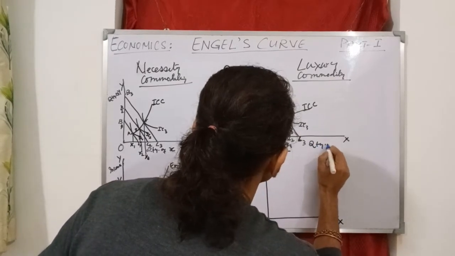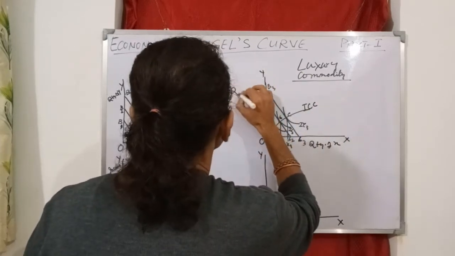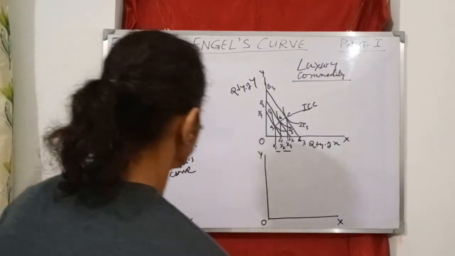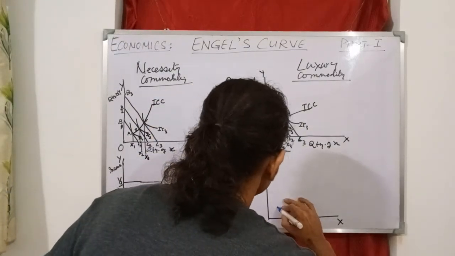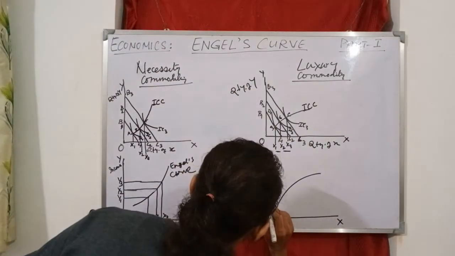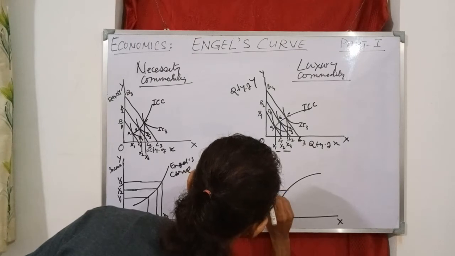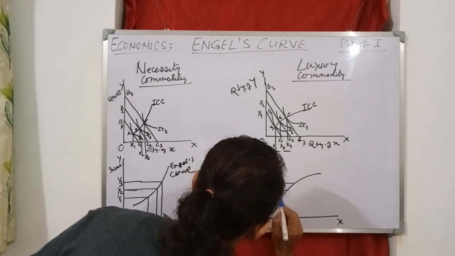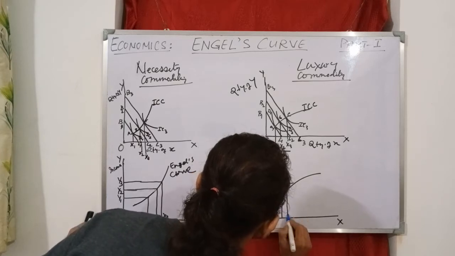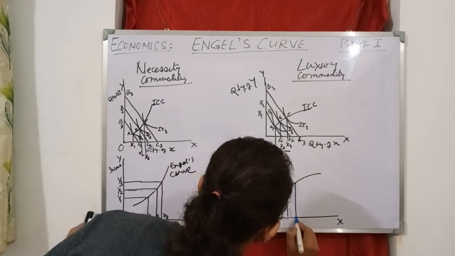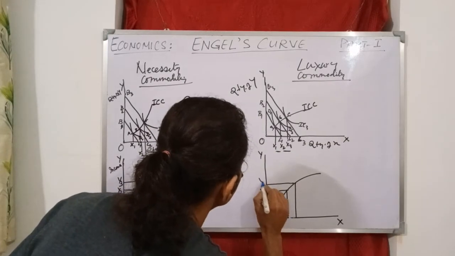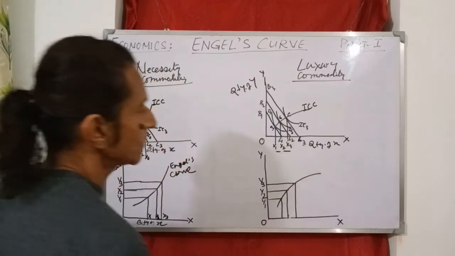Here we measure quantity of X and here quantity of Y. The Engel's curve will be like this, with equal increment in income, that is from OY1 to OY2 and then to OY3.